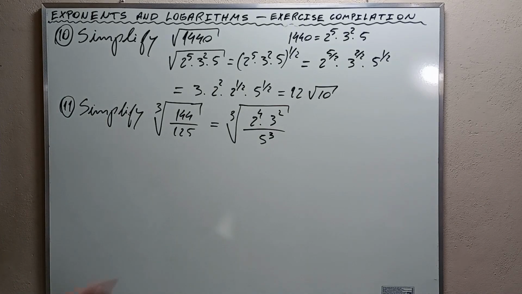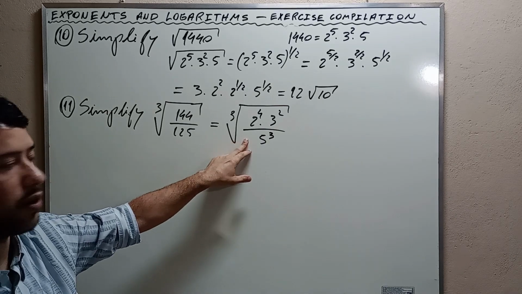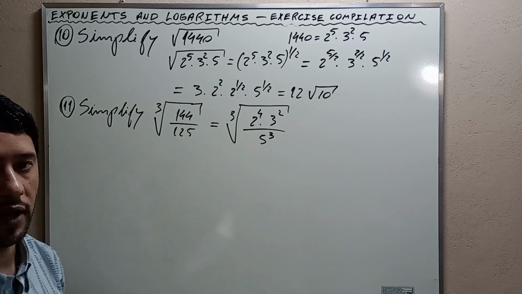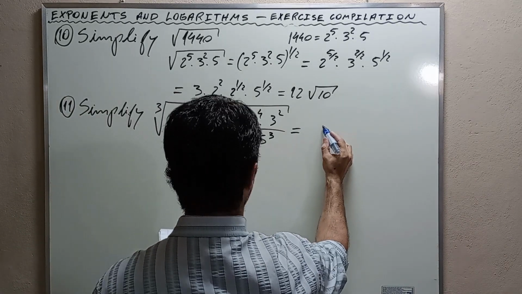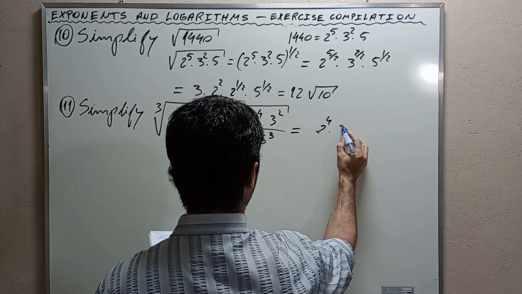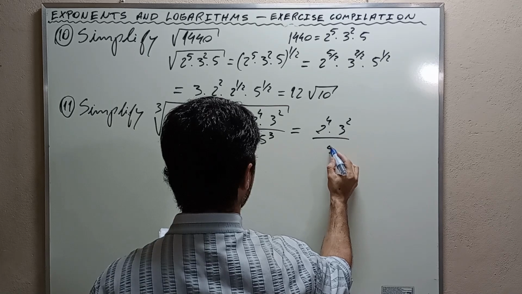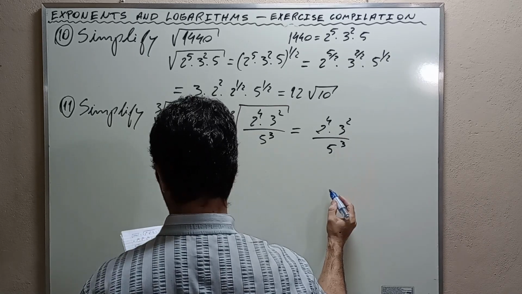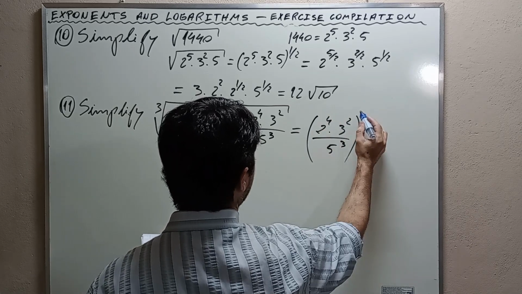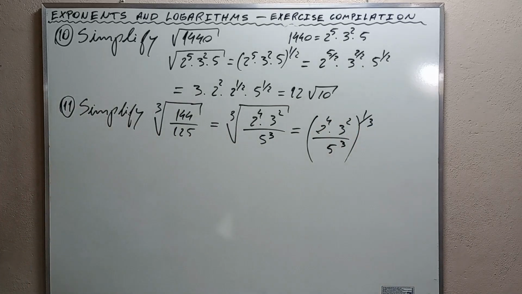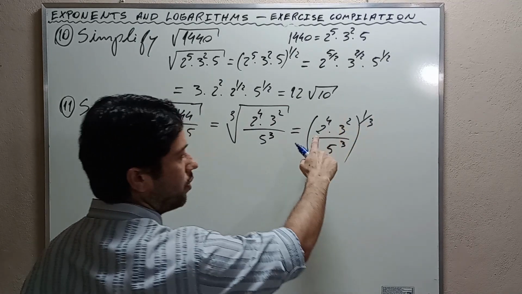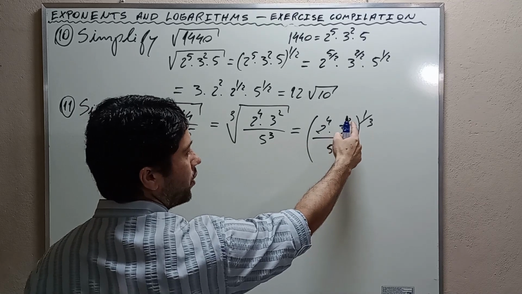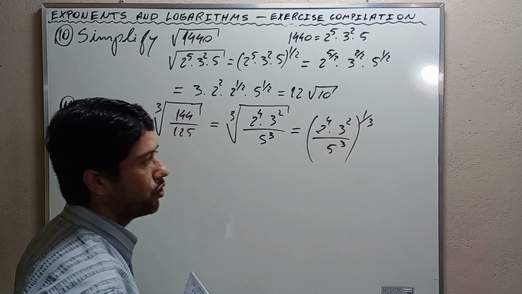But remembering that the cube root of a number is similar to raising this number by a third, okay? And therefore it becomes 2 to the 4th times 3 squared divided by 5 cubed, and it all raised to the power of a third. And we are going to multiply this by this. It becomes 4 thirds. We are going to multiply this by this. It becomes 2 thirds.